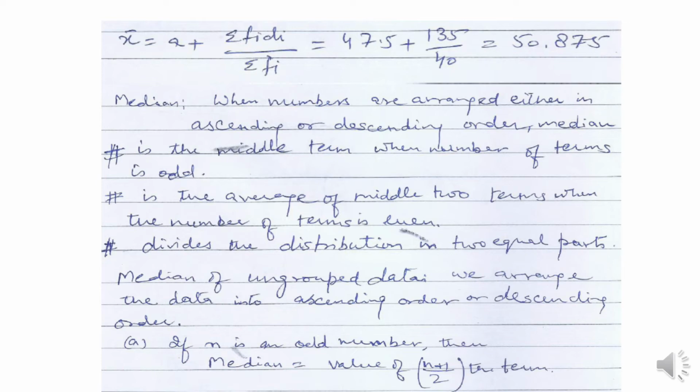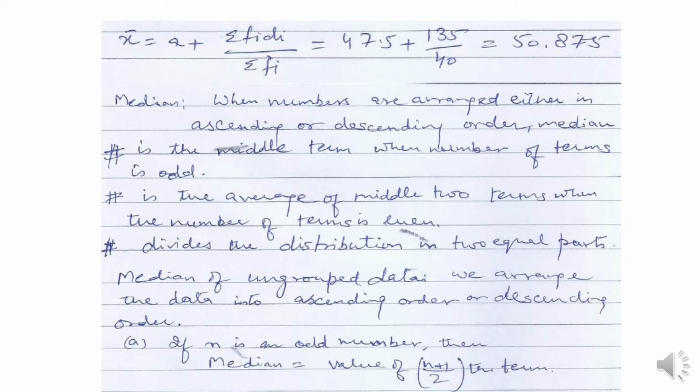When the number of terms is even, the median is the average of the middle two terms: we add the two middle terms and divide by 2. The median divides the distribution into two equal parts.